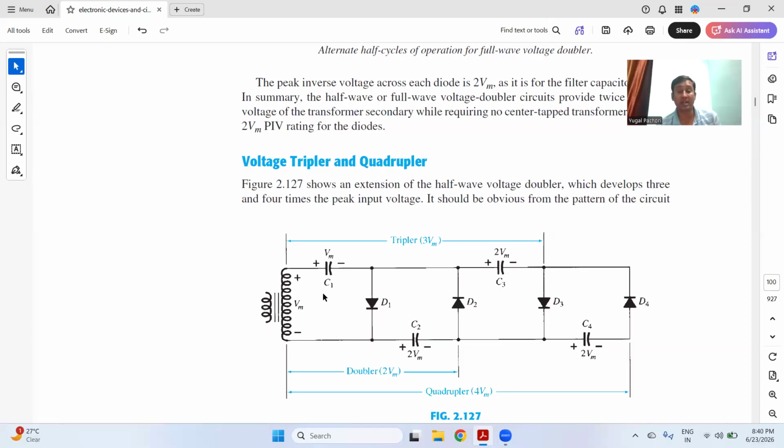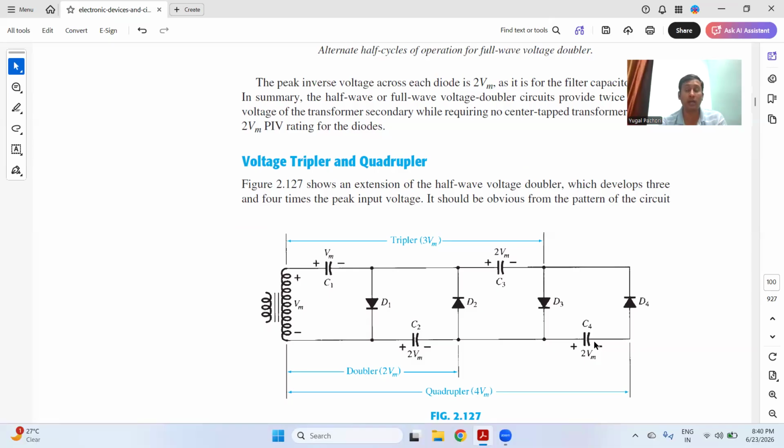But suppose you want to design a voltage quadrupler, then you need to add one more capacitor and one more diode. So the diodes in the voltage quadrupler will be D1, D2, D3, and D4, and the capacitors C1, C2, C3, C4. So there will be four diodes and four capacitors.